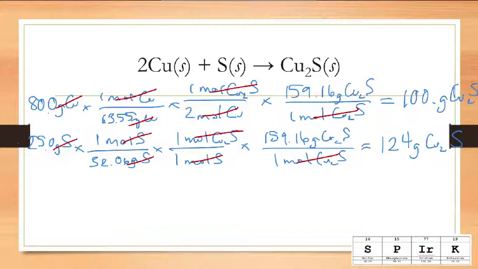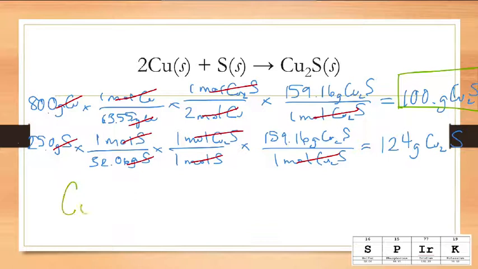So which one of these do you think is the limiting reactant? Which one of these produces less? It's going to be the 100 grams of copper sulfide, which is less than 124 grams.